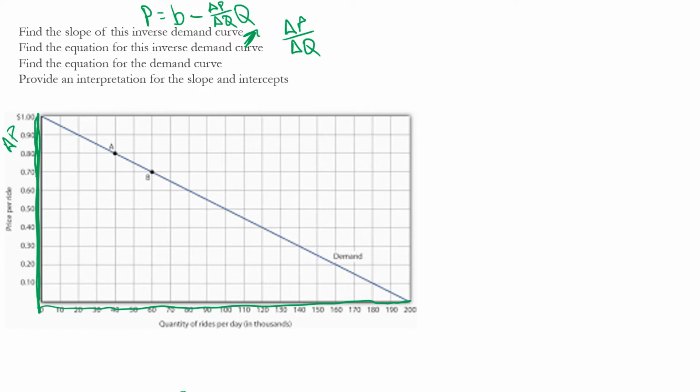So my change in P is $1. Here my change in Q is 200. So my change in P over change in Q is 1 over 200. I should be able to do the same thing here, right?